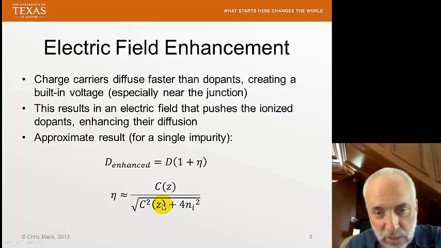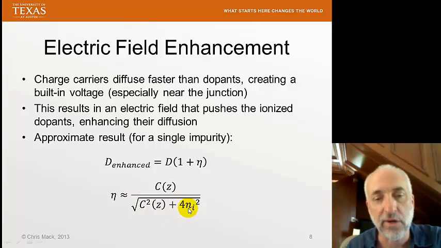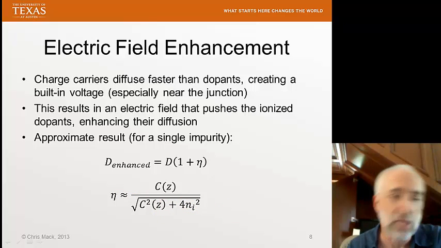So whenever c is bigger than ni, the intrinsic carrier concentration, then we get this enhancement.